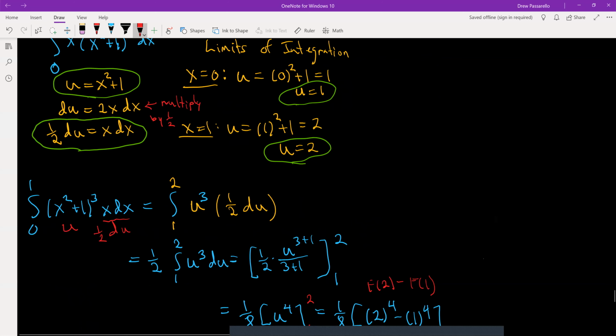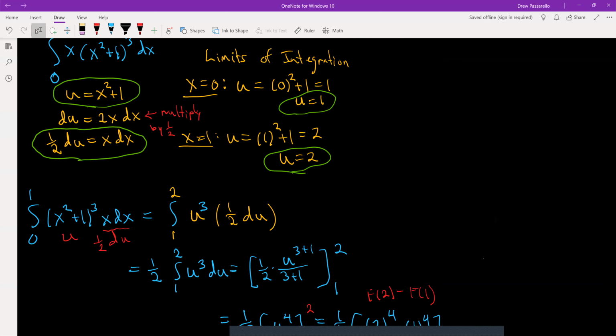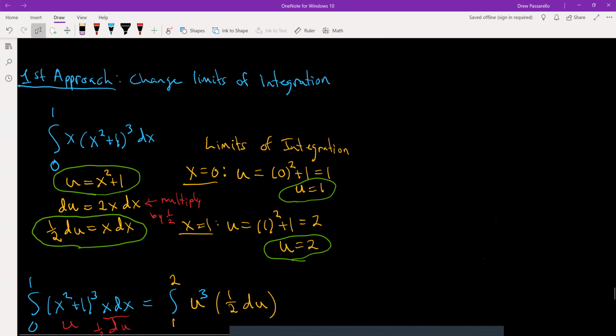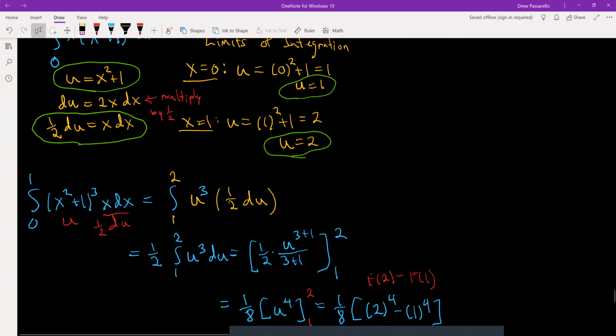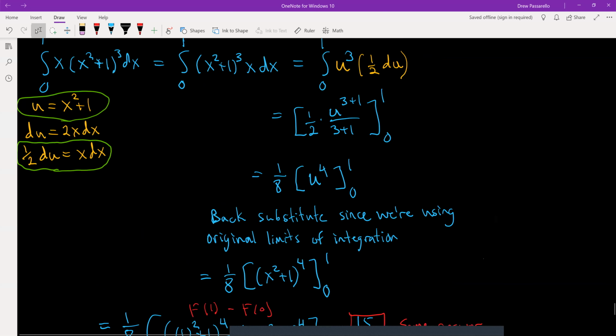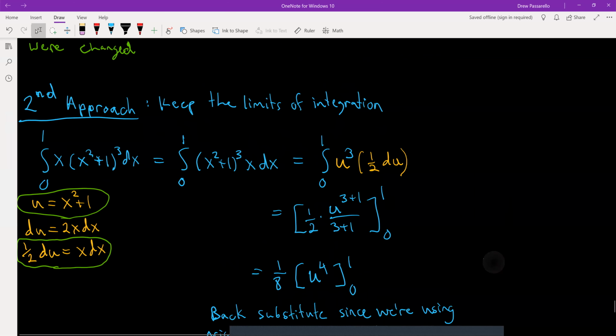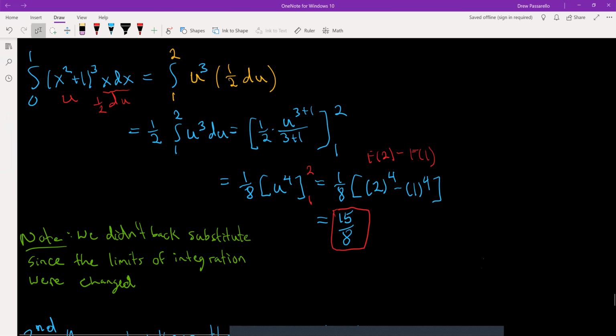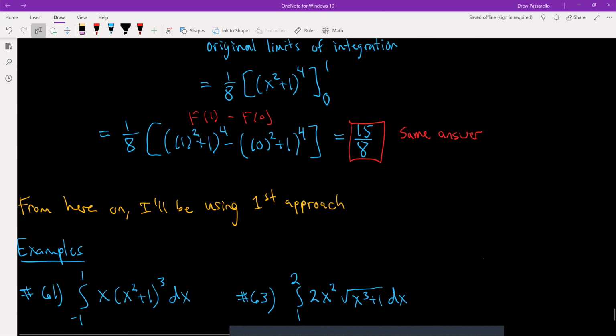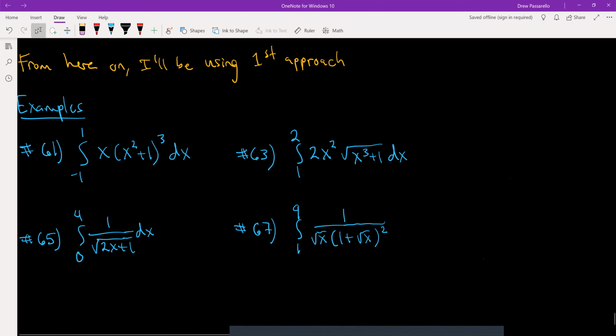All right, so that's just to show you that there's two approaches. I'm going to use the first approach where I change limits of integration, because I think it's easier to plug in, because when you back substitute in this case, you get x squared plus 1, whereas before you just had u to the 4th. All right, so I'll be using the first approach, and these are 4 examples I'll be doing.